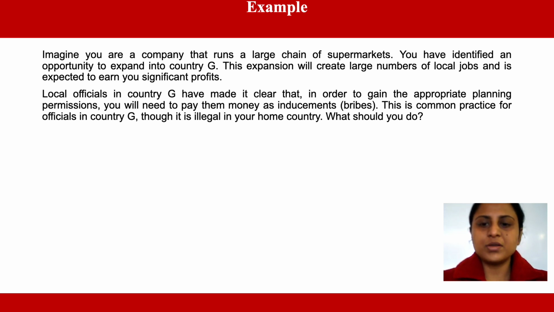If it is wrong to pay a bribe in our home country, the same principle applies to another country also. So this is how we can get different answers under different approaches with regard to solving an ethical problem.